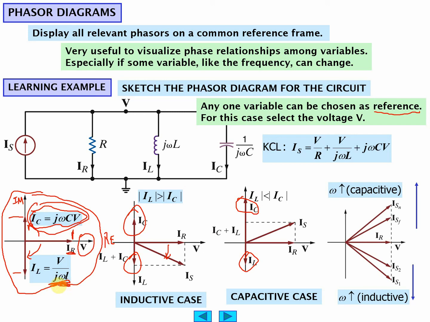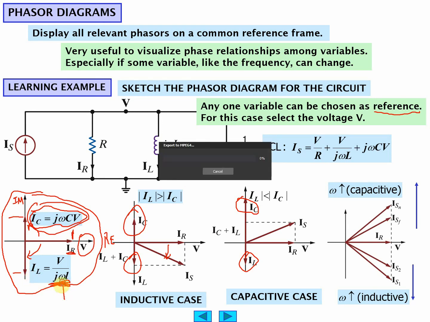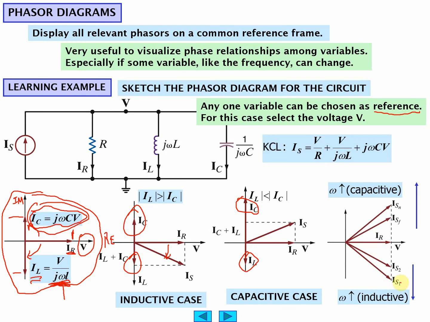At low frequencies, the admittance is big. When omega is near zero, this makes this a big number, a big negative number. There we go. And that's for low frequencies. And as frequency goes up, the circuit will switch from inductive to capacitive. As frequency goes up, then this current becomes the biggest.